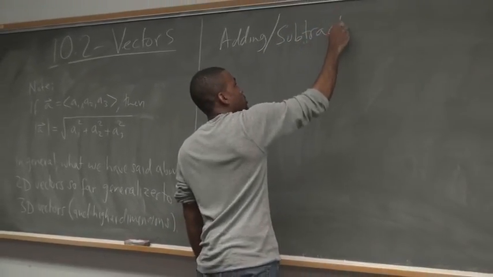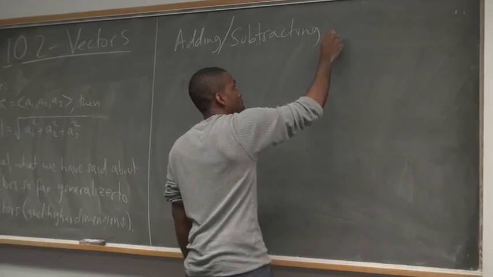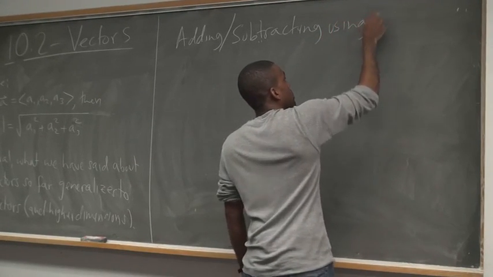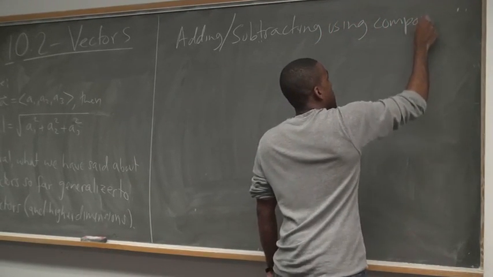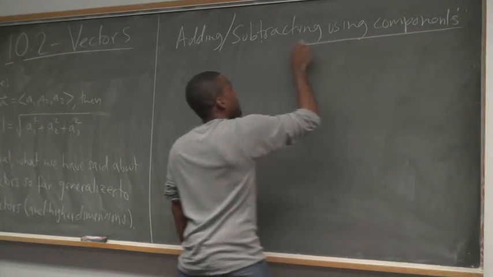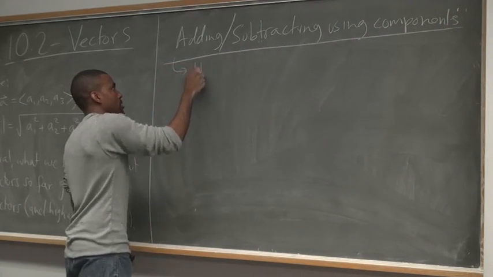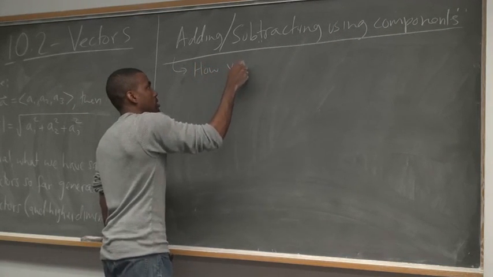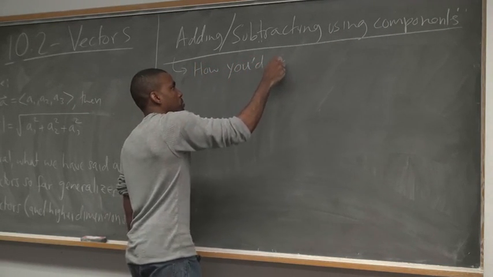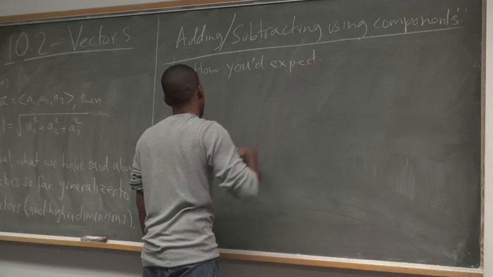So I showed you how to add and subtract with pictures. Let's talk about it with components. It's sort of done how you'd expect. So it's sort of nice how that works out.